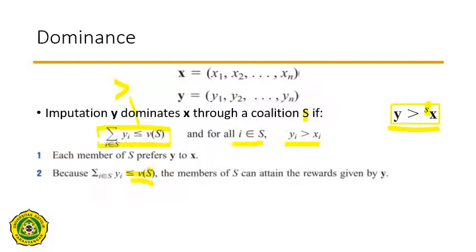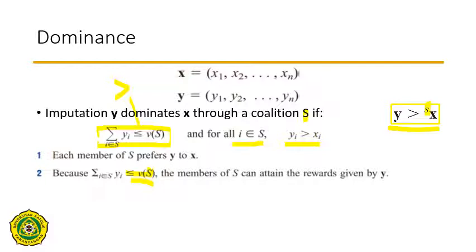Now, how is it possible that suddenly they form a coalition and they get a reward whose sum exceeds v(S)? Where does that additional money come from, right? You make a coalition, you can get v(S). Now there is a reward that offers more than v(S), so that is not reasonable.